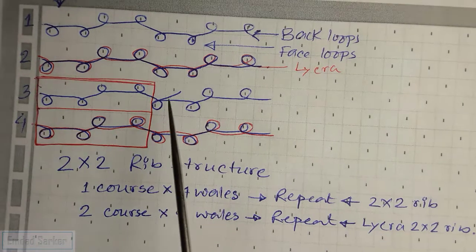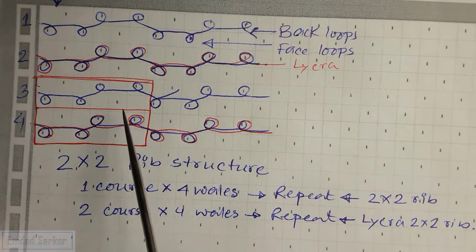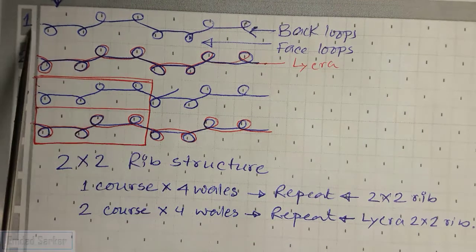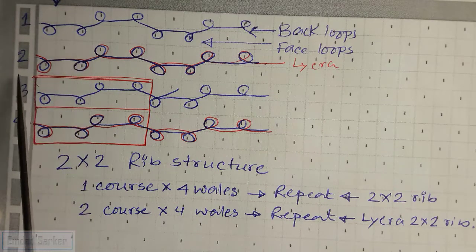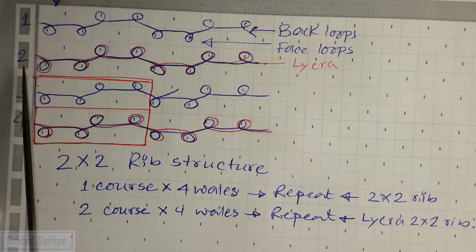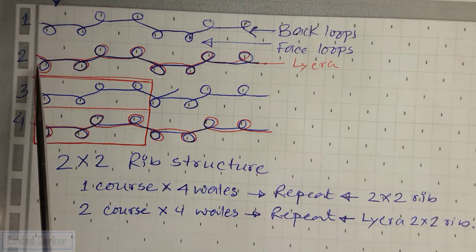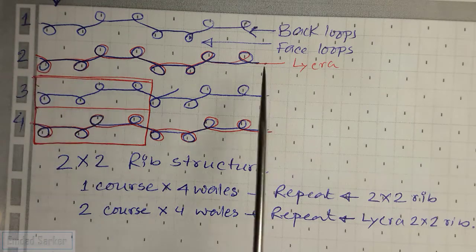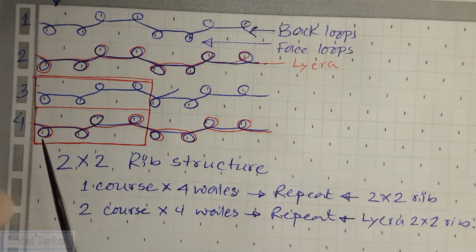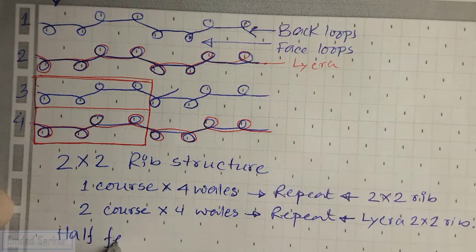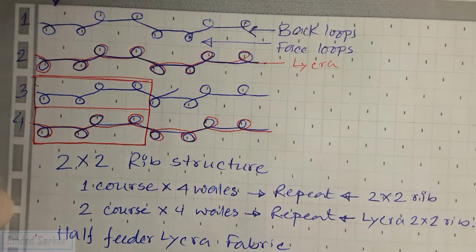It is very clear from this diagrammatic notation that the odd number feeder will contain no lycra yarn, but the even number feeder will contain both lycra and cotton yarn simultaneously. If there are 42 feeders, 42 feeders will contain cotton yarn and 21 feeders will contain lycra yarn. So this is a half feeder lycra fabric.